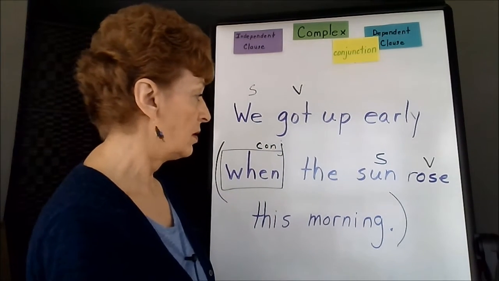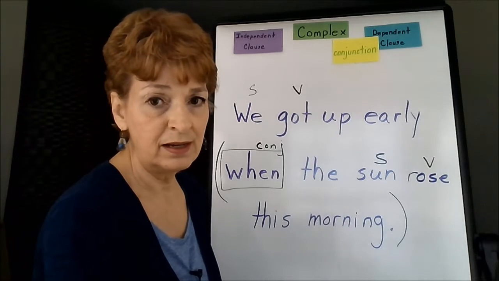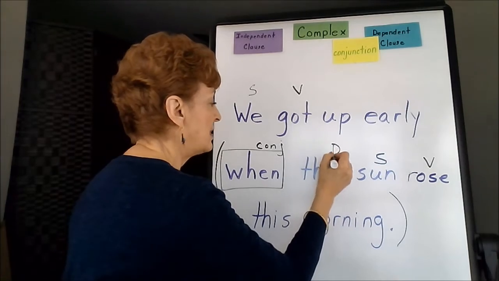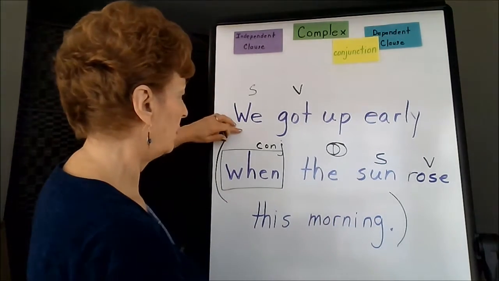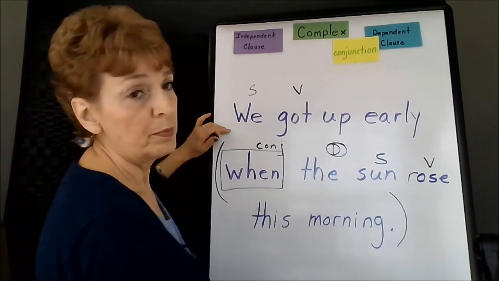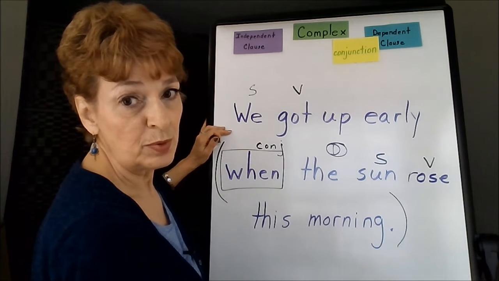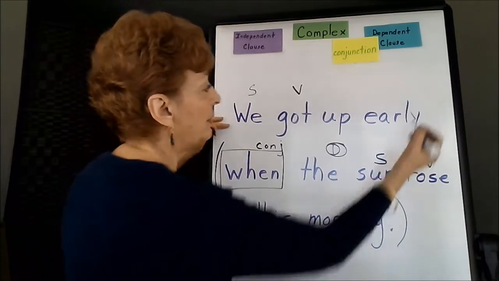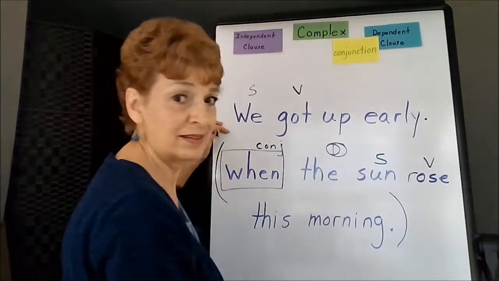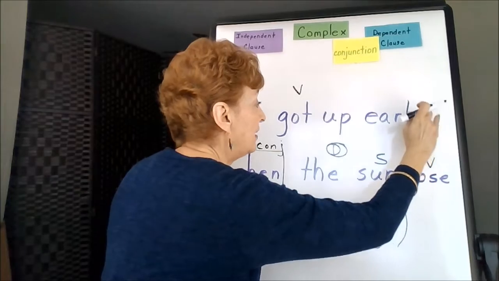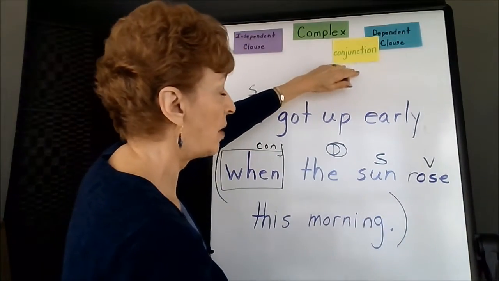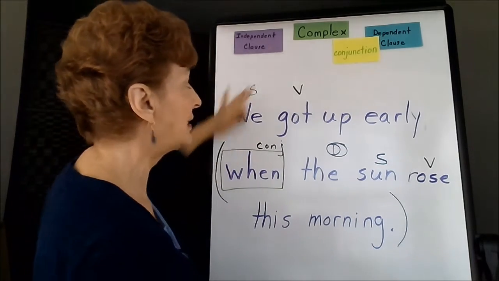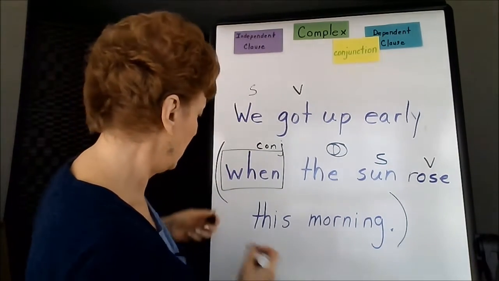When the sun rose this morning, what? Dependent clause. Doesn't make sense by itself. It has to be connected. But if you said, we got up early this morning, well, really? Too bad you didn't sleep in. We got up early this morning could have been a simple sentence. But if it's connected with a subordinating conjunction, it turns into a complex sentence structure.